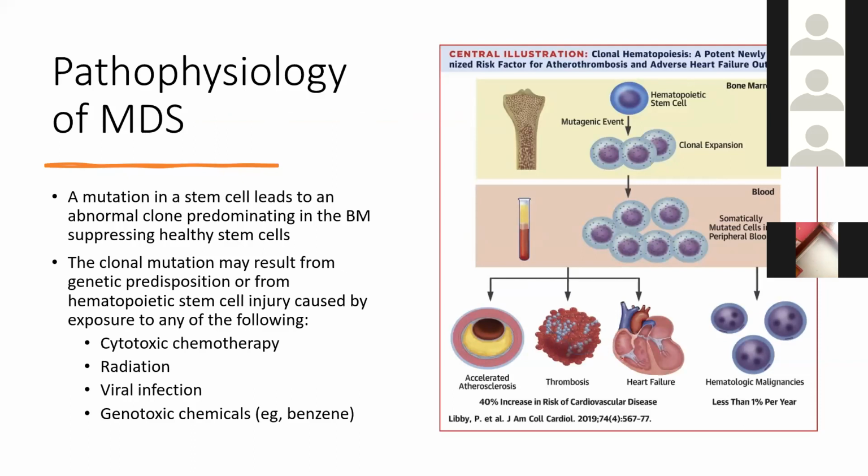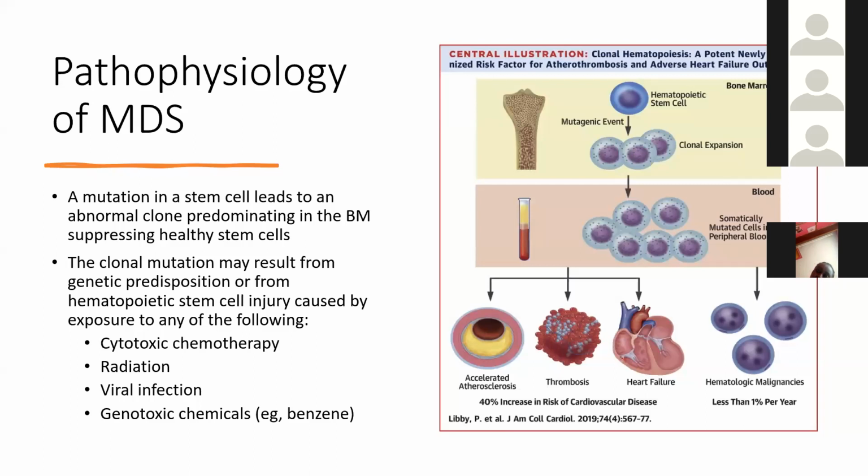Okay, so how do the myelodysplastic syndromes come about? As I mentioned, there's a mutation in the stem cell, which leads to an abnormal clone predominating in the bone marrow. So this abnormal clone suppresses the normal healthy stem cells. It overcomes them so that the normal healthy stem cells are slowly replaced by this abnormal clone, which has some proliferative advantage.